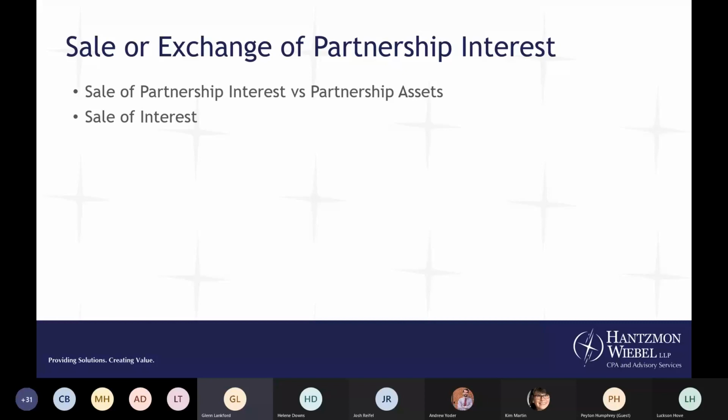If the partner sells his interest in the partnership, you have to look through the partnership to the assets of the partnership, and the partner will have been deemed to have sold his interest in that equipment. And so a portion of his gain, even though it's a capital asset that he sold, will be ordinary under Section 751.